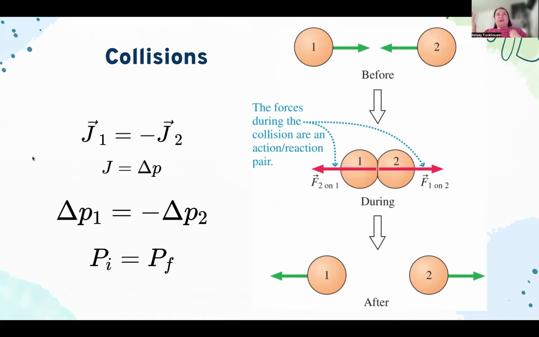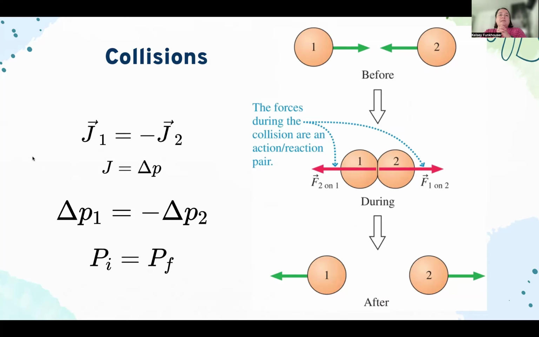And one important point is, so these objects collide with each other. They both experience an average force from the impulse of their collision, and that's an action-reaction pair of forces. So they experience equal magnitudes of force, but in opposite directions.